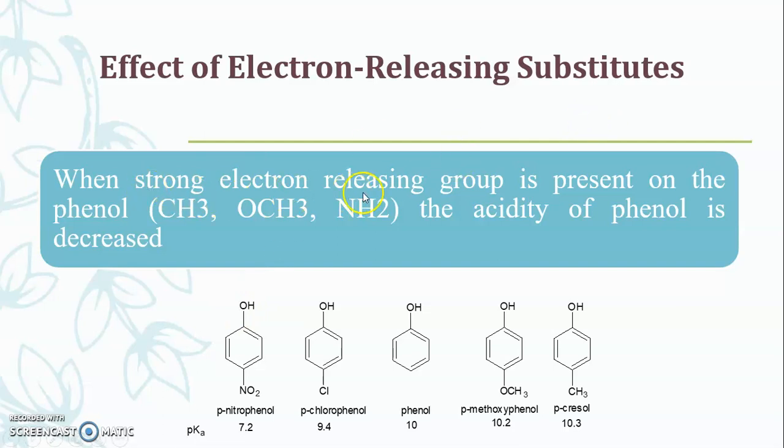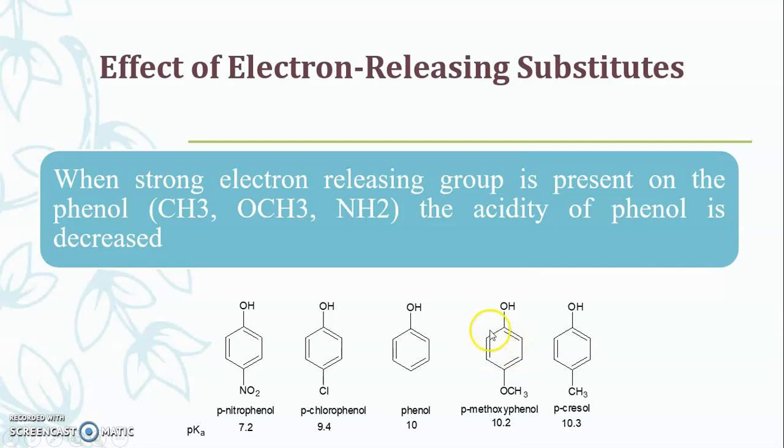Similarly, when an electron releasing substituent is present, for example here we will consider this methoxy group. This group is electron releasing because the alkyl group donates its electron to the oxygen atom, due to which the oxygen donates the electron to this benzene ring. So here the net electrons that are present on the benzene ring increase.